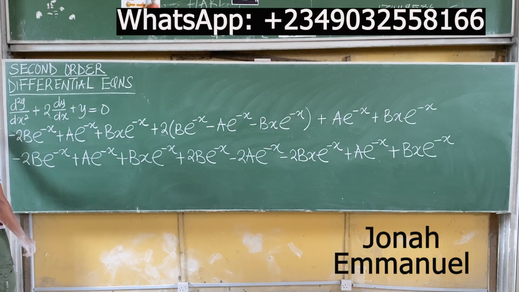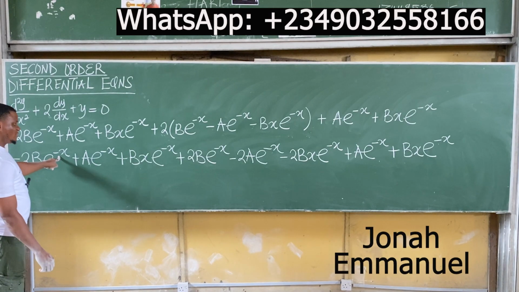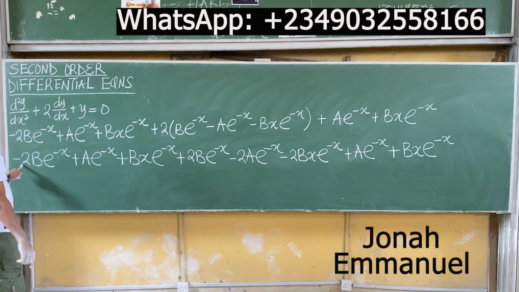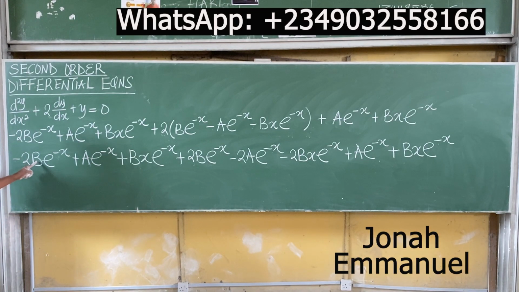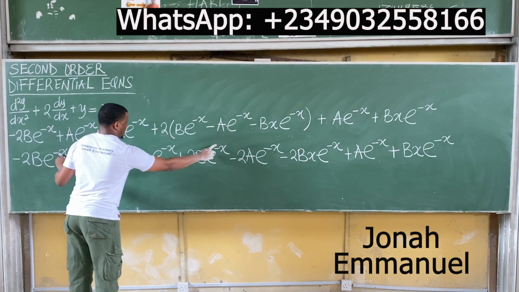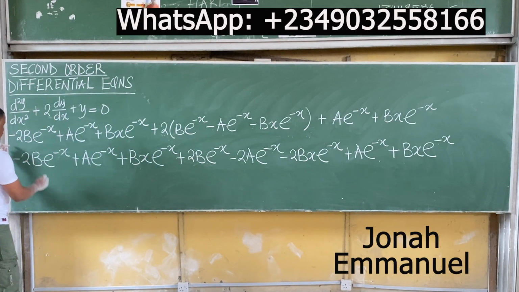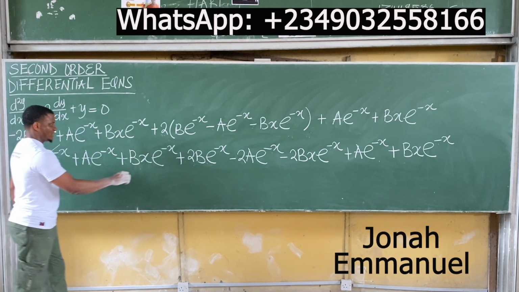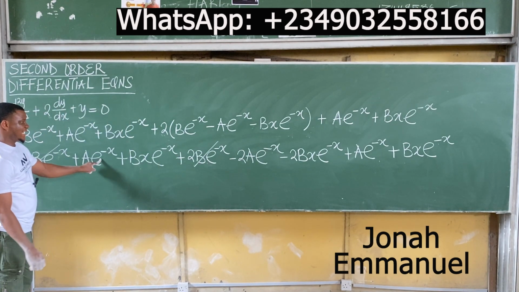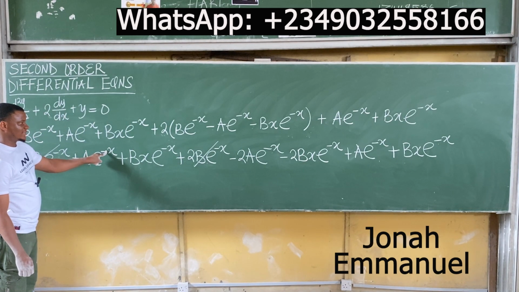Let's collect like terms. Let's look for b exponential minus x. You have minus 2b exponential minus x plus 2b exponential minus x. They can cancel out, right? So minus 2b will cancel out plus 2b. Next up, you have a exponential minus x.